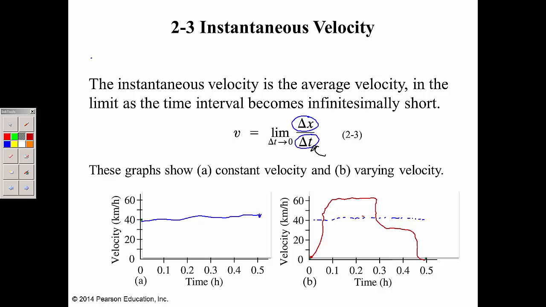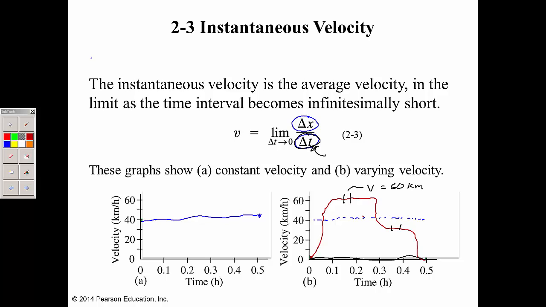So maybe we're not talking about the full half an hour for this trip. Maybe we're talking about 1 minute, or maybe a second, or a quarter of a second. This change in time becomes very, very small. And so we can look at smaller time intervals, and we can see right here that our instantaneous velocity might be 60 kilometers per hour.